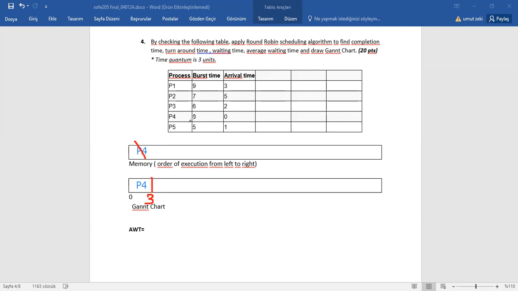But because its burst time is 8, it has 5 more nanoseconds for execution. So we have to put it back to the memory.